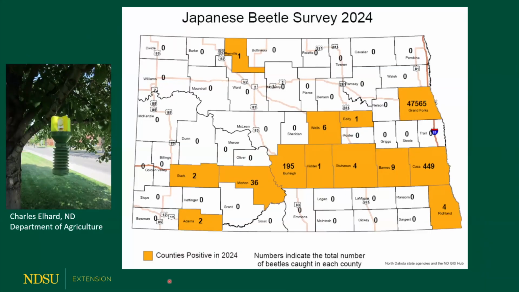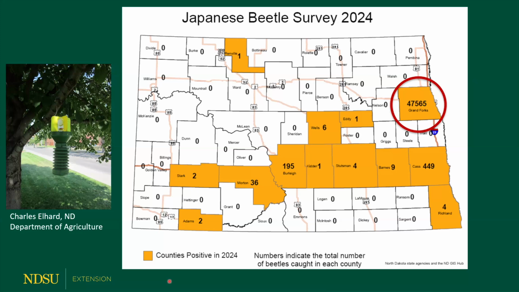So here's the trapping that the North Dakota Department of Agriculture does, using pheromone traps for Japanese beetle. I want you to take note of how high the population is in the Grand Forks area. This is the big area for dry edible bean production. They captured a total of 47,565 Japanese beetles in their traps.